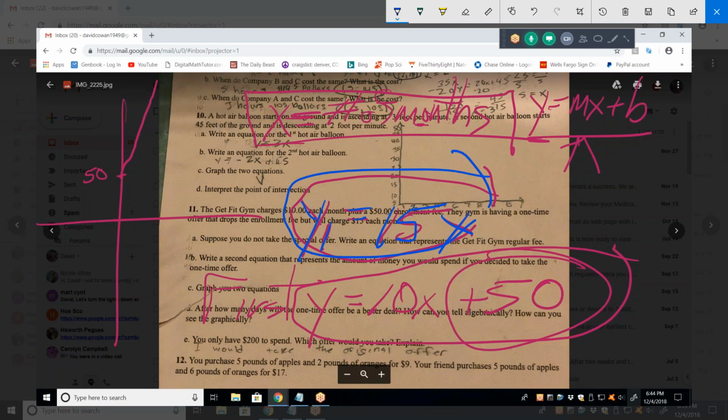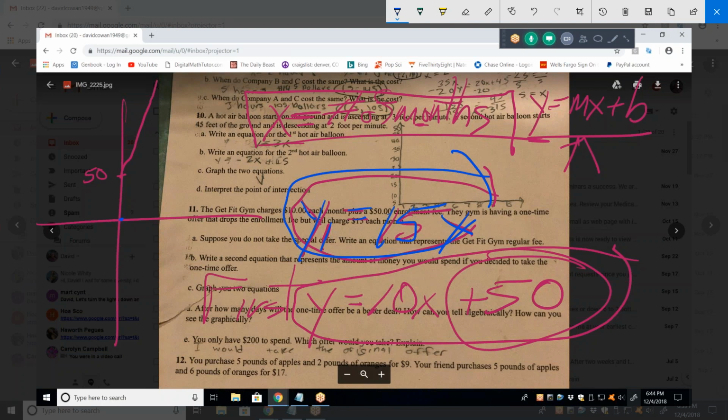It's 0, just like it was 0 in the hot air balloon that was on the ground. Well, in this case, it's a different type of problem, but it's still a linear equation. It's very similar. Since they've dropped the enrollment fee, the starting spot is 0.